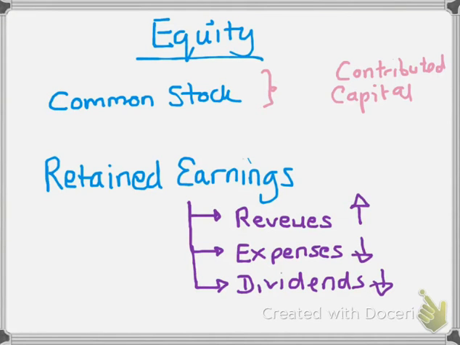Some of you are probably aware of dividends, but if you go and look at some companies like Walmart, every quarter they pay their stockholders some of the money that they earn during the year, and that's a return back to the shareholder, and that is called dividends. So later on, when we are looking at the expanded accounting equation, we find that revenues increase retained earnings, expenses decrease retained earnings, and dividends also decrease retained earnings.